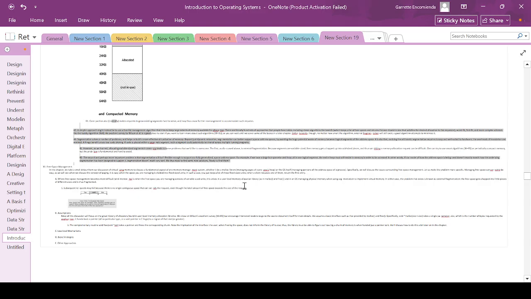Compaction also ironically makes requests to grow existing segments hard to serve.